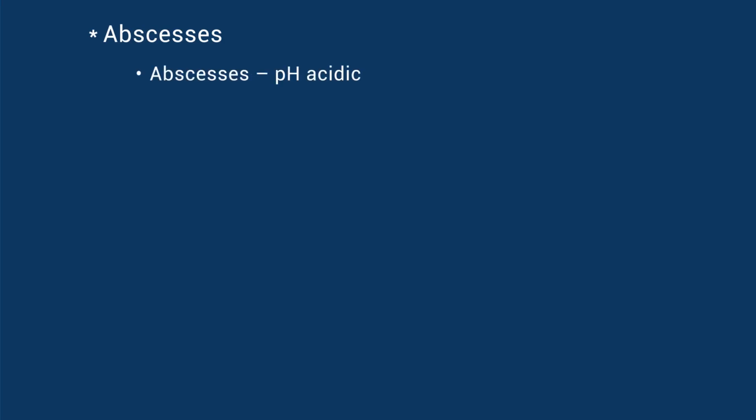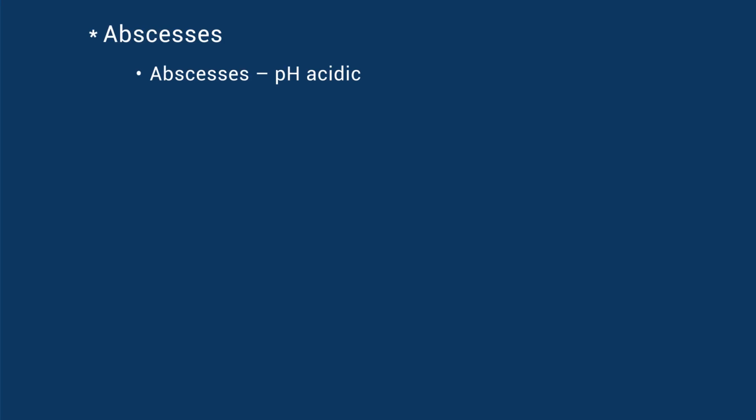What are the other considerations I need to have when I give antibiotics to patients? We need to understand that it is not only the plasma concentration of the antibiotics that matters, it is also the concentration of the antibiotic in the particular site where I want the concentration to be high. If we take an example of an abscess, the pH inside the abscess is acidic. Some of the drugs can get deactivated because of the pH.